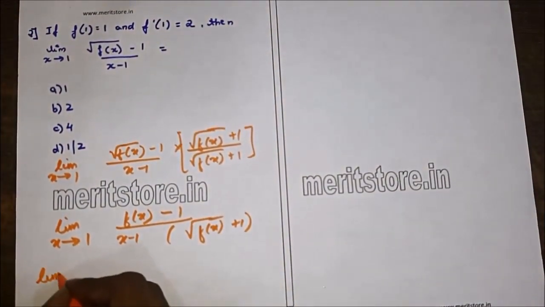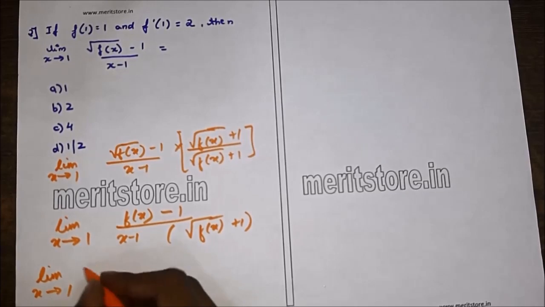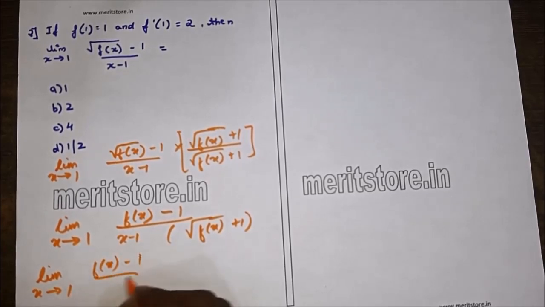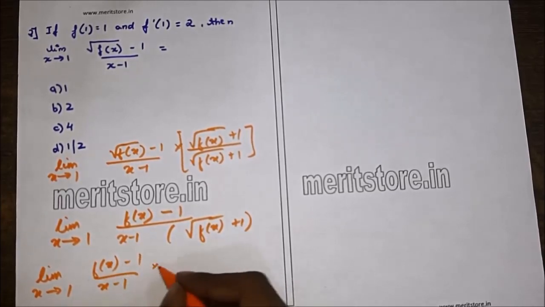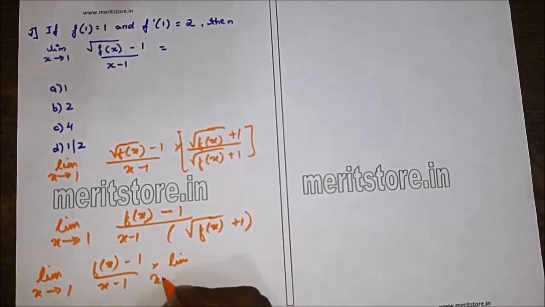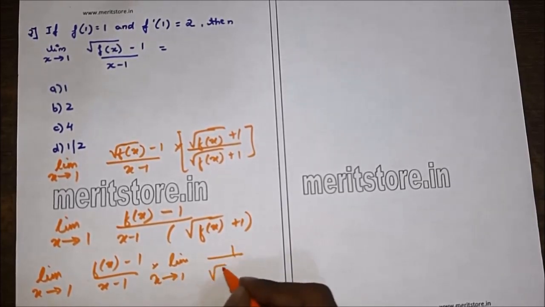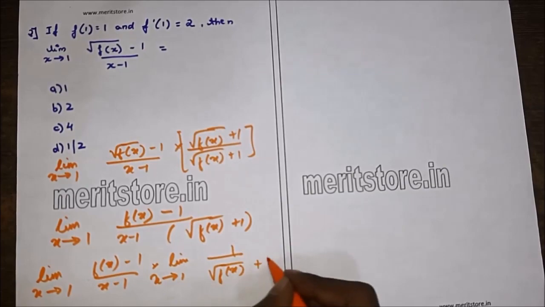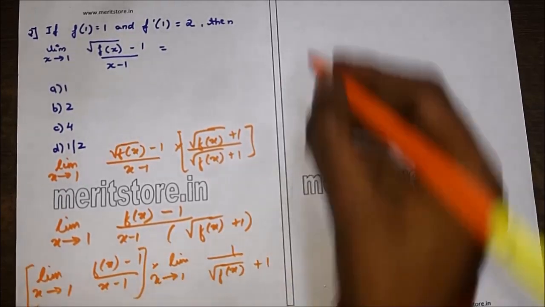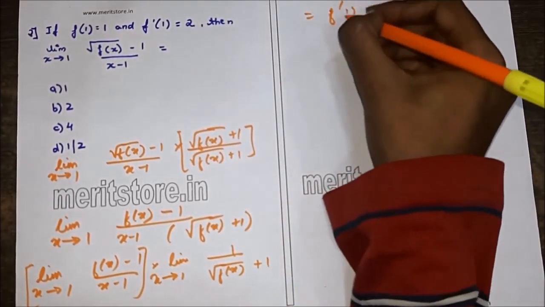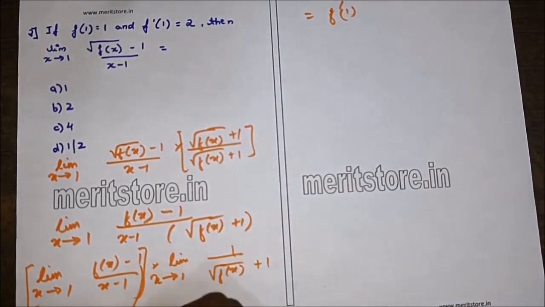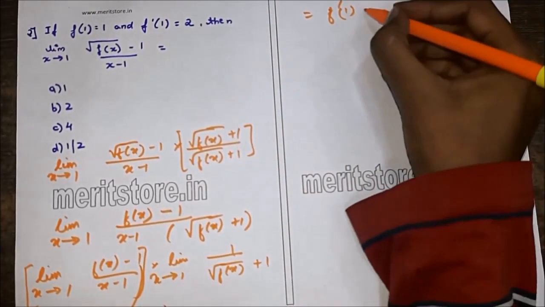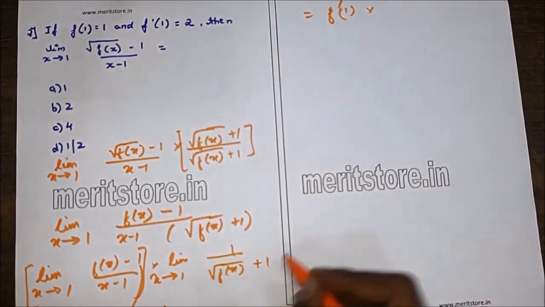Now we split the term. So this is limit x tends to 1 f of x minus 1 upon x minus 1 into limit x tends to 1 upon root of f of x plus 1. Now this term is f dash of 1. This can be written as f dash of 1 since f of 1 is 1. So this is f dash of 1 into, we put the limits here.